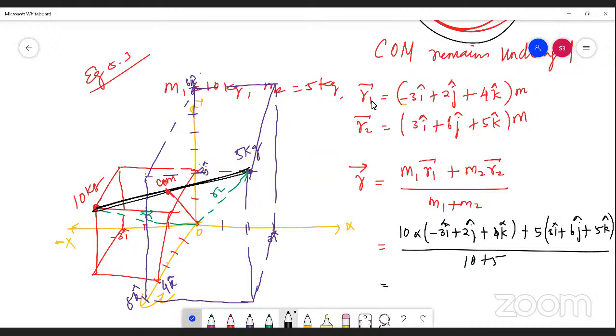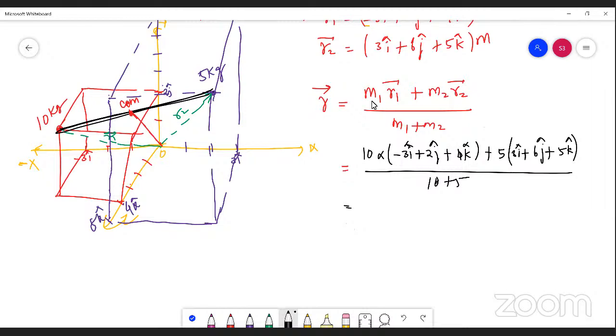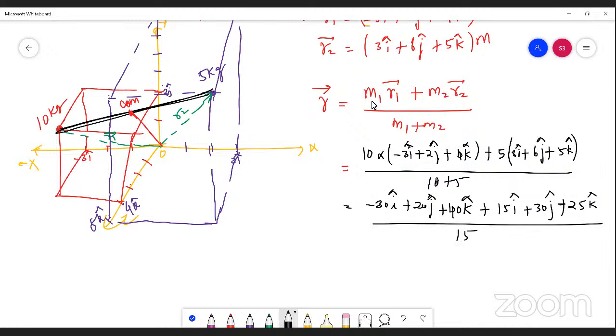What will we get? Minus 3 into 10, so minus 30 i cap plus 20 j cap plus 40 k cap, plus 5 into 3, 15 i cap plus 30 j cap plus 25 k cap, divided by 15.